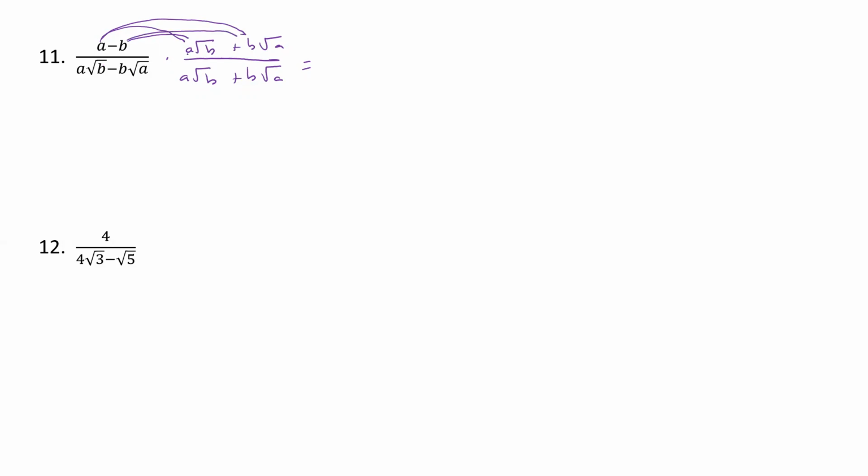So a times square root of b, so that's going to be a squared square root of b. And a times that is going to be plus ab square root of a. And then here we're going to multiply that. It's going to be minus ab square root of b. And then here that's going to be a minus b squared and then square root of a.